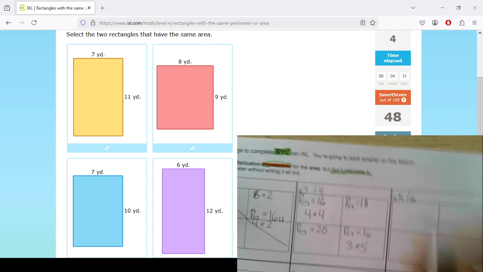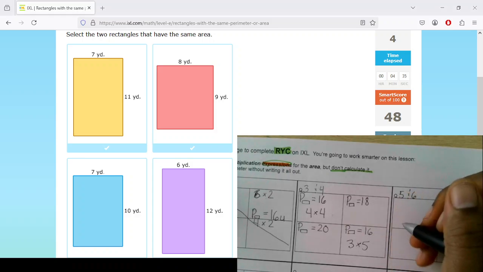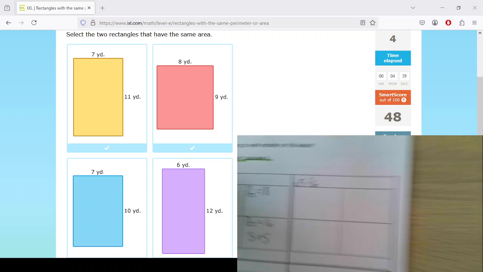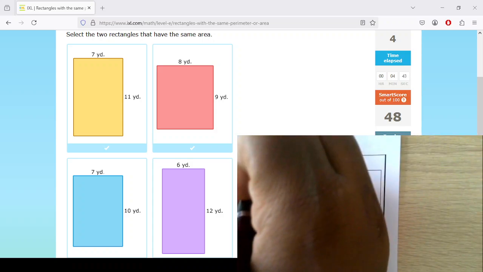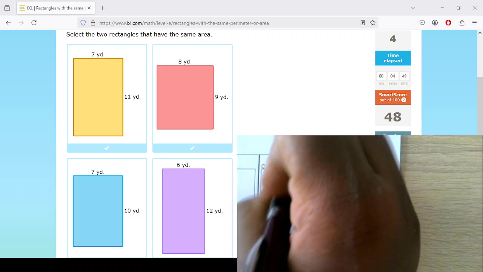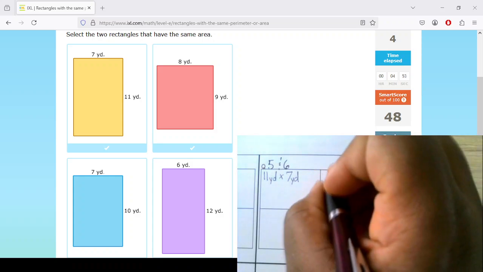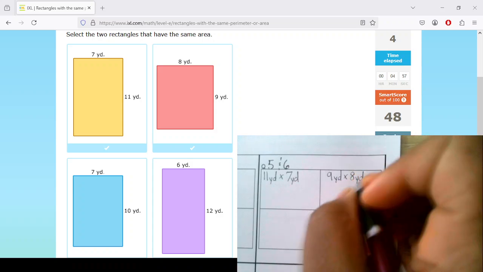So I'm going to write out the area expression, which is just the numbers and the multiplication symbol. And I am not going to calculate the area. That's 11 yards times 7 yards. And I have 9 yards times 8 yards.